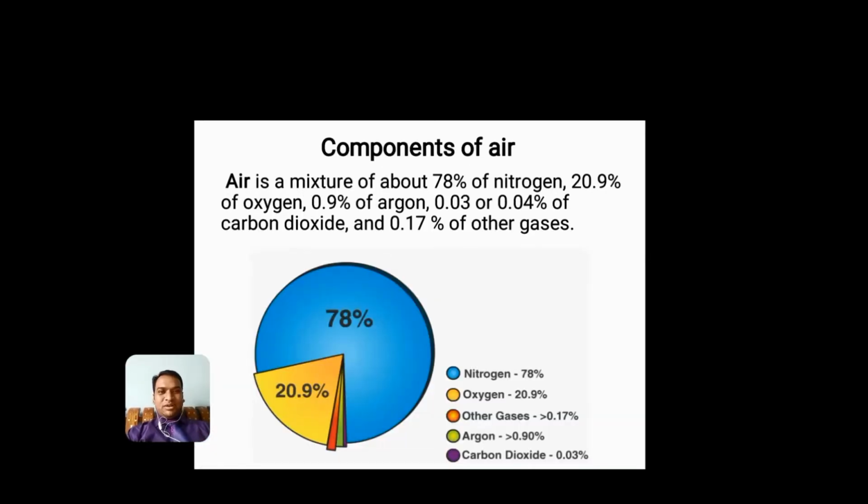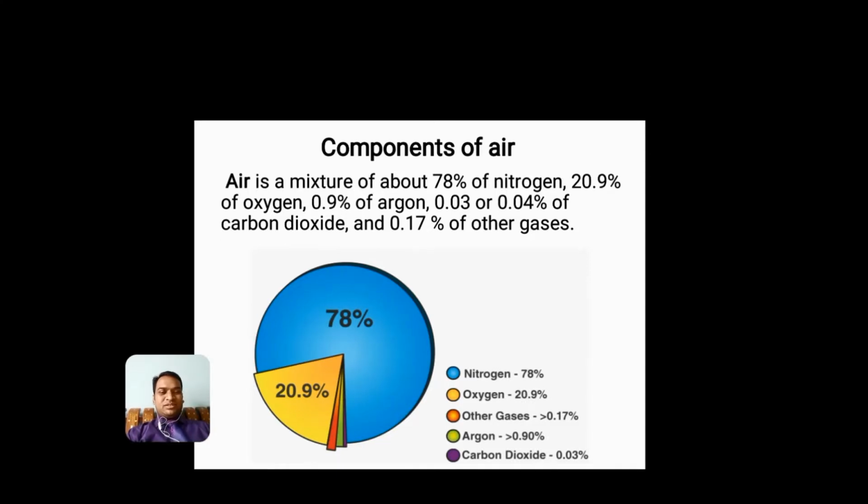So now let's see the components of air. Air is a mixture of about 78% nitrogen, 20.9% oxygen, 0.9% argon, 0.03 or 0.04% carbon dioxide, and 0.70% other gases.